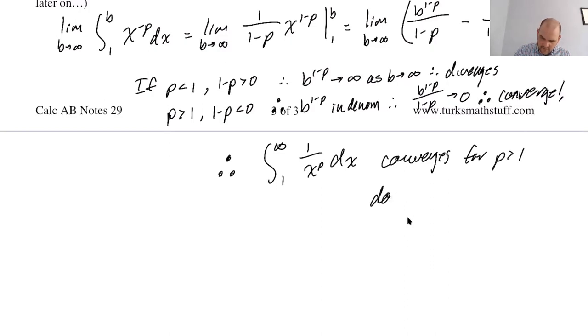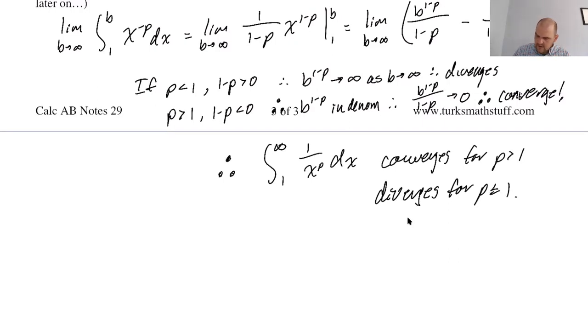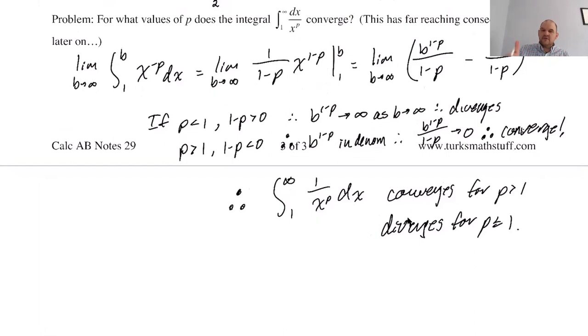Oh my God, what am I even writing? Converges if p is greater than 1, and diverges if p is less than or equal to 1.